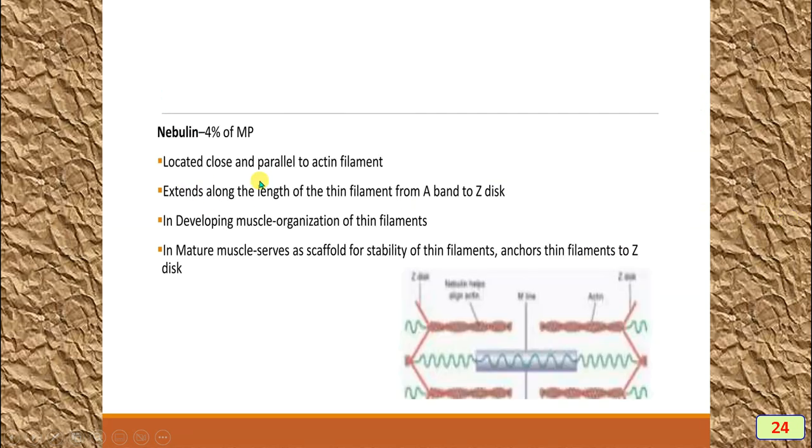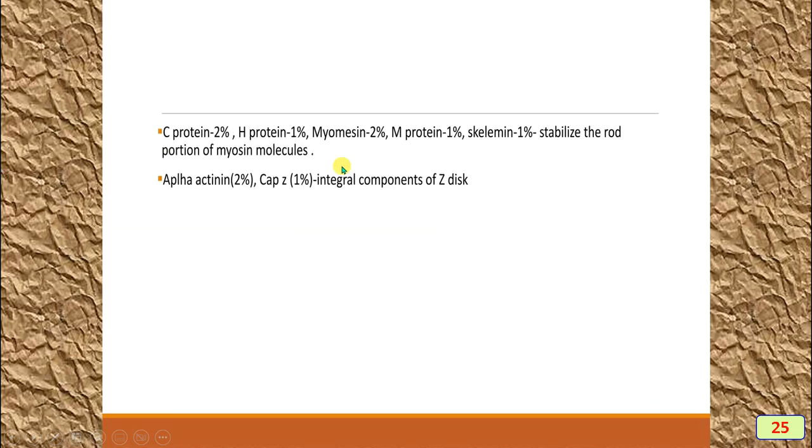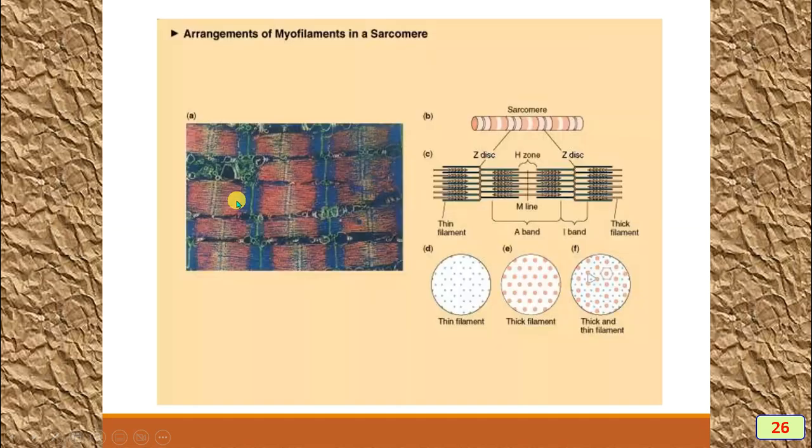Nebulin contains about 4% of the muscle protein, and it's also one of the important structures. Apart from this, C proteins are there, H protein, myosin, and many more, alpha actin, etc.